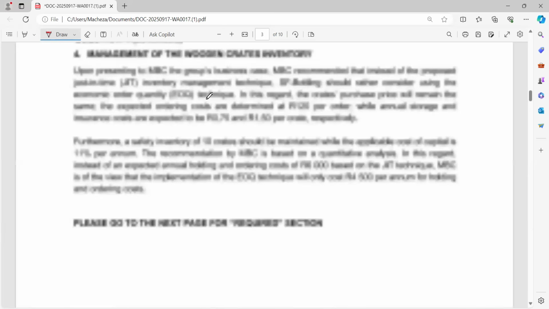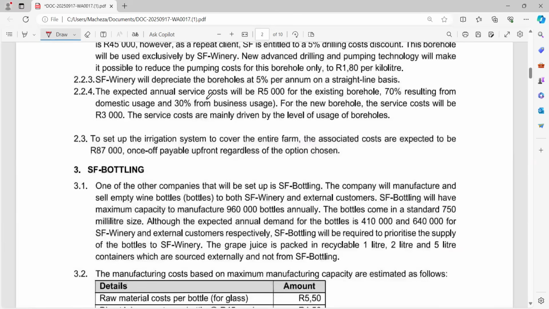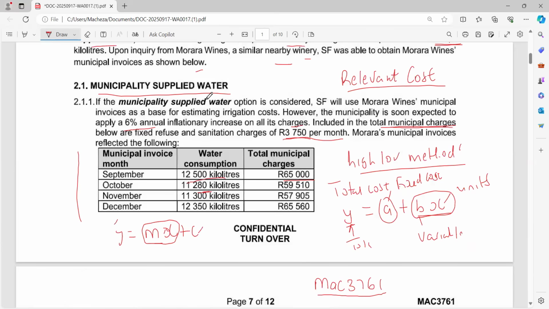I saw there is going to be a 6% annual increase. We are going to use it in our estimation, this 6% annual inflationary increase in all charges. Yes, we have to apply it.